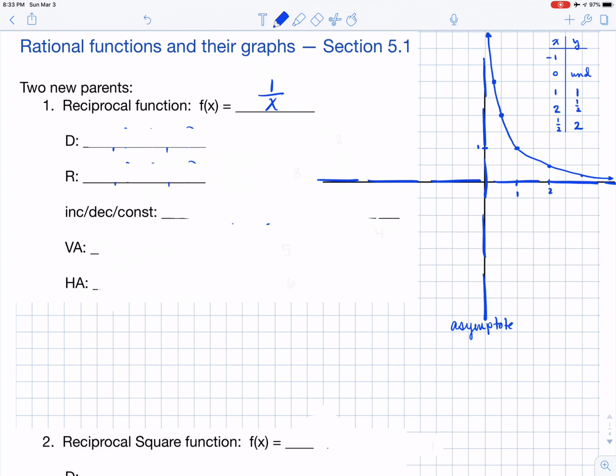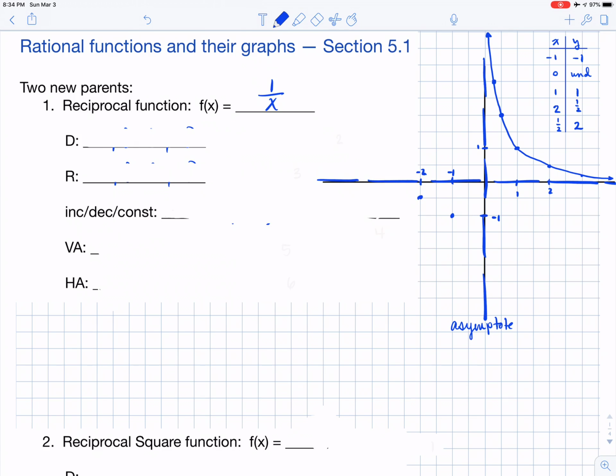Now let's go over to the negative side. If I plug in an x value of -1, 1 divided by -1 is -1. And so you have a coordinate here at -1, -1. I can follow the same pathway that I just finished for the positive side. If I have an x value of -2, my y value will be -1/2.